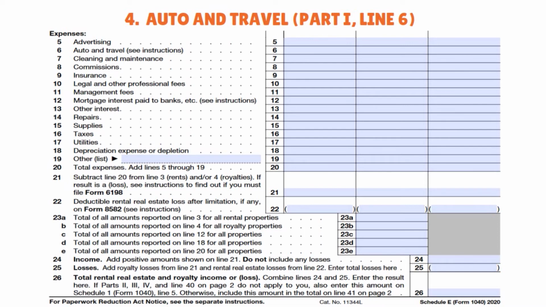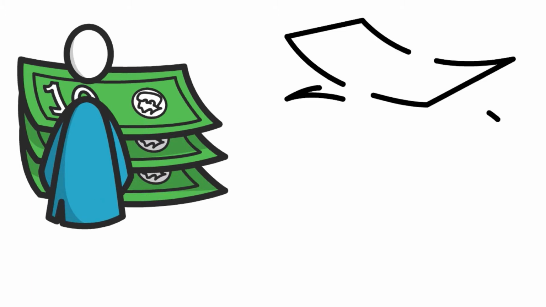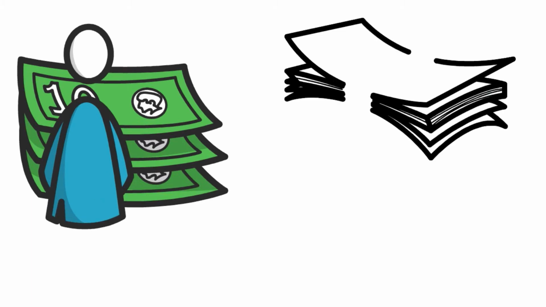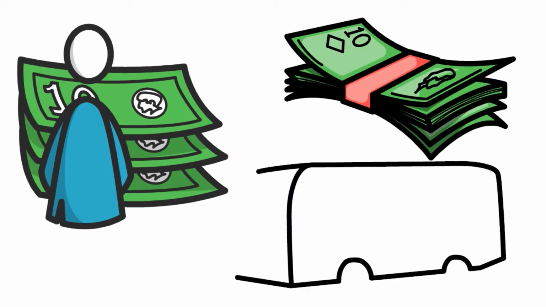You can deduct travel using two methods: actual expenses or the standard mileage rate. For 2020, the standard mileage rate for business use was 57.5 cents per mile. Remember, very important here, travel must be for rental activities.